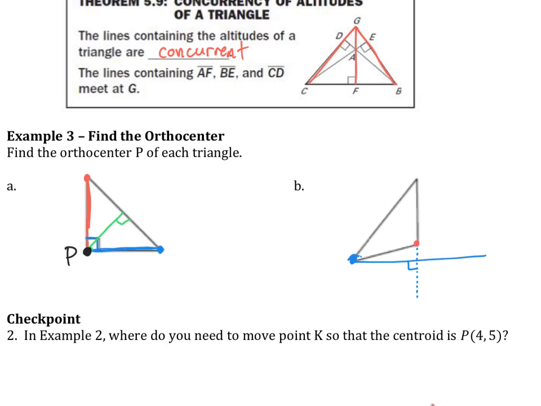If I want to draw the altitude from the red dot, this one works where I can just go straight across. And there's the altitude. And I'm going to extend this red line out so it crosses the blue line. And then if I want to draw an altitude from that green point, again, if I try to draw an altitude in here, inside the triangle, it's not going to work.